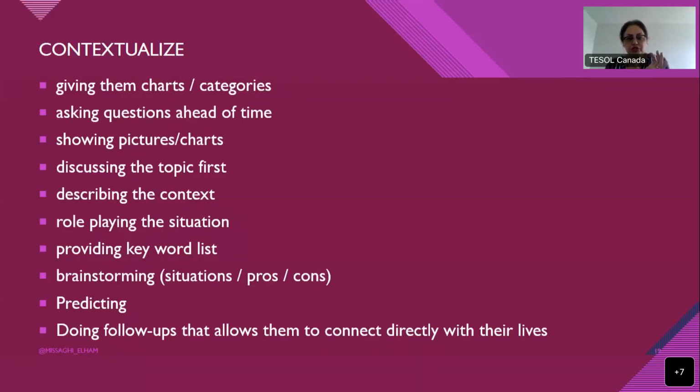The keywords, or in some books you see block words, are the words that if students don't know them, they won't understand anything of the context. Let me give you an example. For example, the context is about how to make strawberry jam, okay?